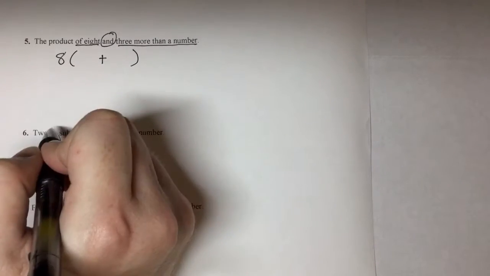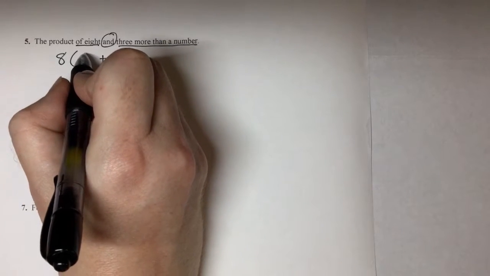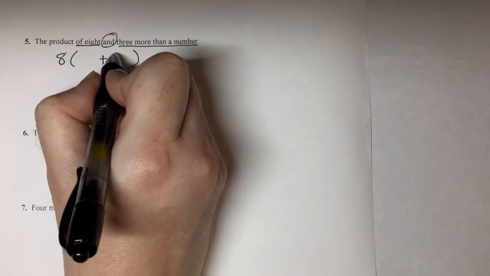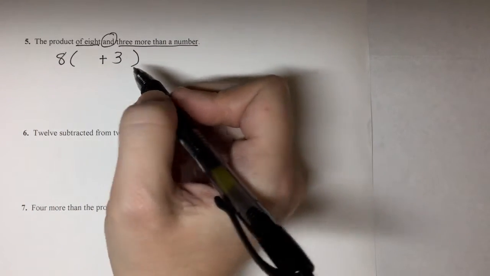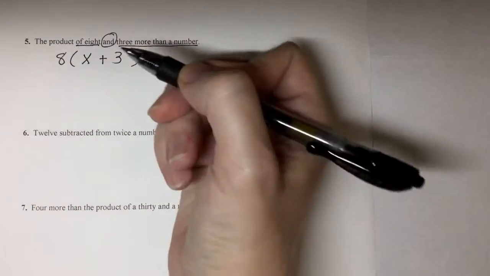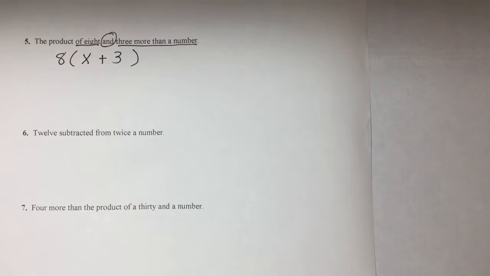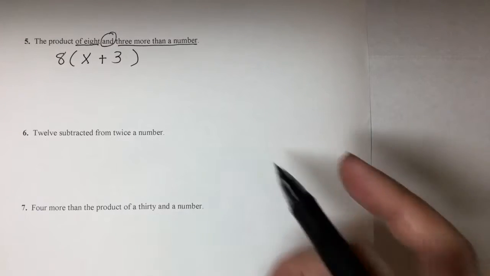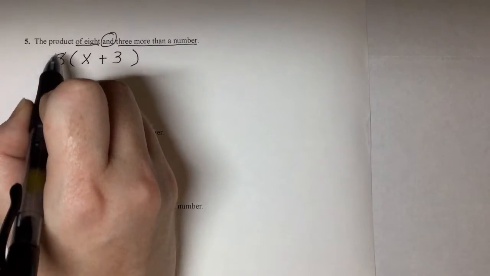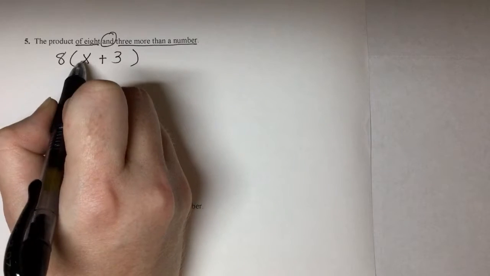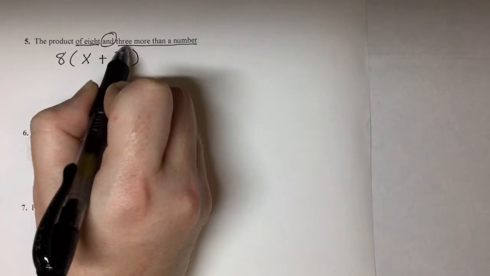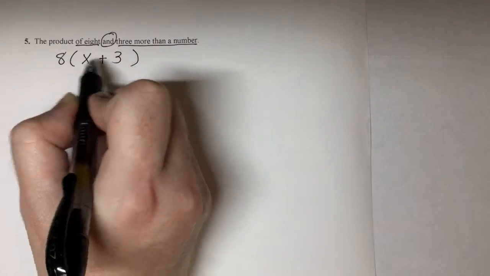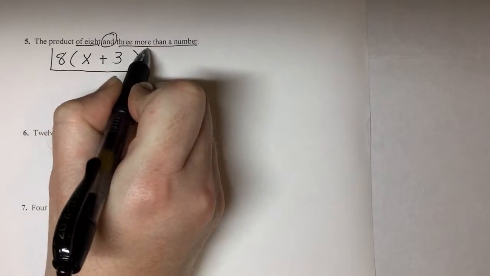3 more than. More than is addition. Now, if you have 3 plus the number, that's going to be fine. More than technically reverses the order, and we need to use a variable for the number because we don't get to pick the number. The number may be picked for us at some other point. Product, multiplication, 8, and the thing I'm multiplying, 3 more than a number, more than addition.